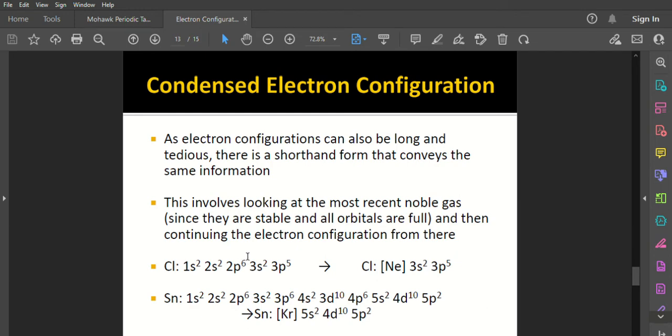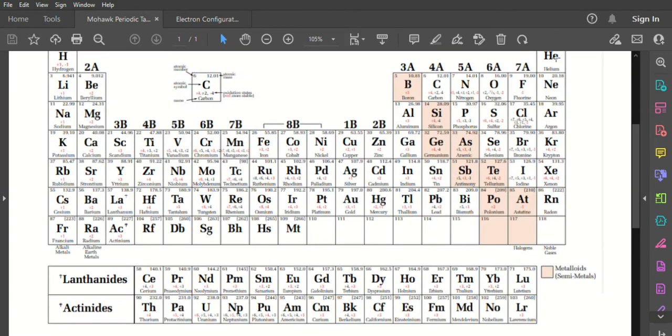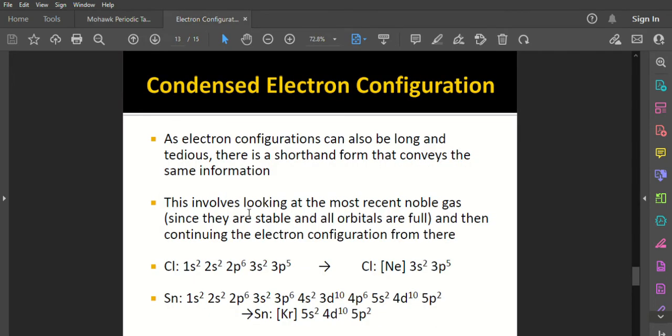That short form just says wherever the last noble gas was, and it'll always end in a p6, because we'll see that trend. All of the noble gases, except for helium, will end in a p6 because of where they are on the periodic table. That gets cropped off, and we put in square brackets whichever noble gas that ended up being. It has to be a noble gas that is already surpassed in the periodic table.